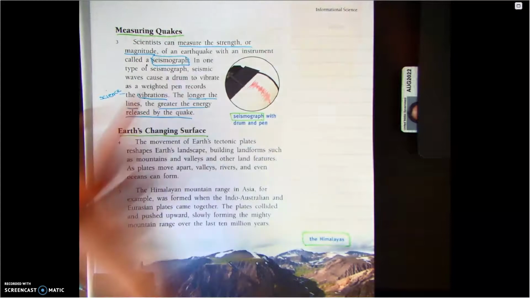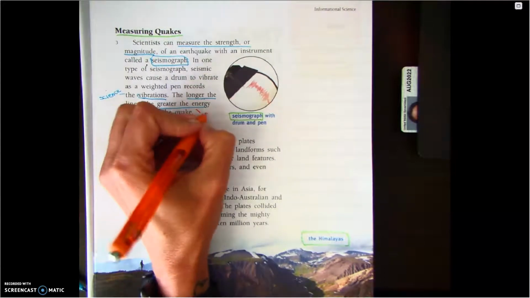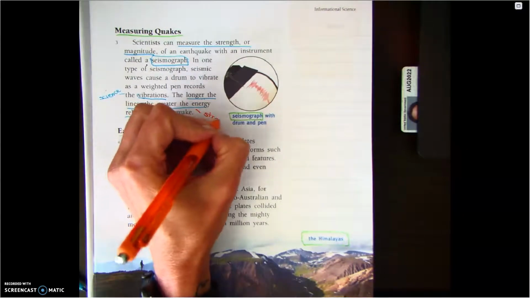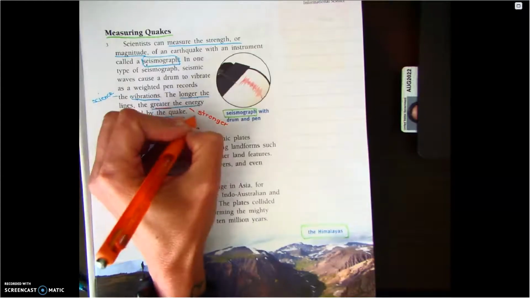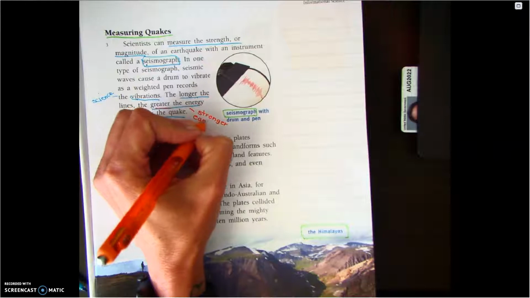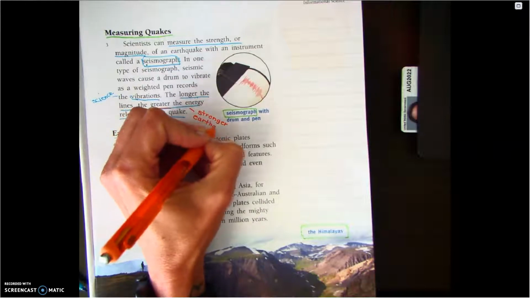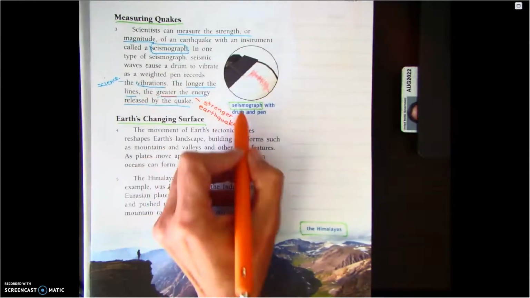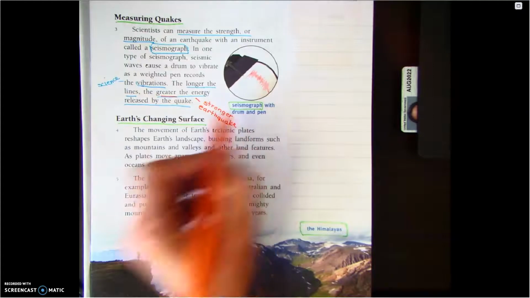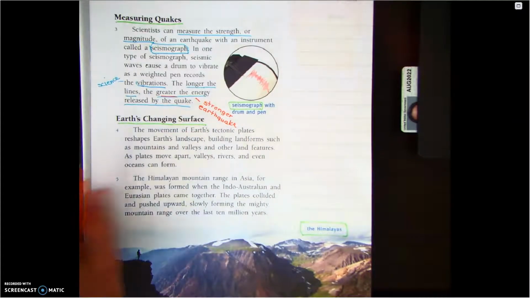So if it's greater energy, that means it's a stronger earthquake. And the seismograph is one of the instruments that measures that.